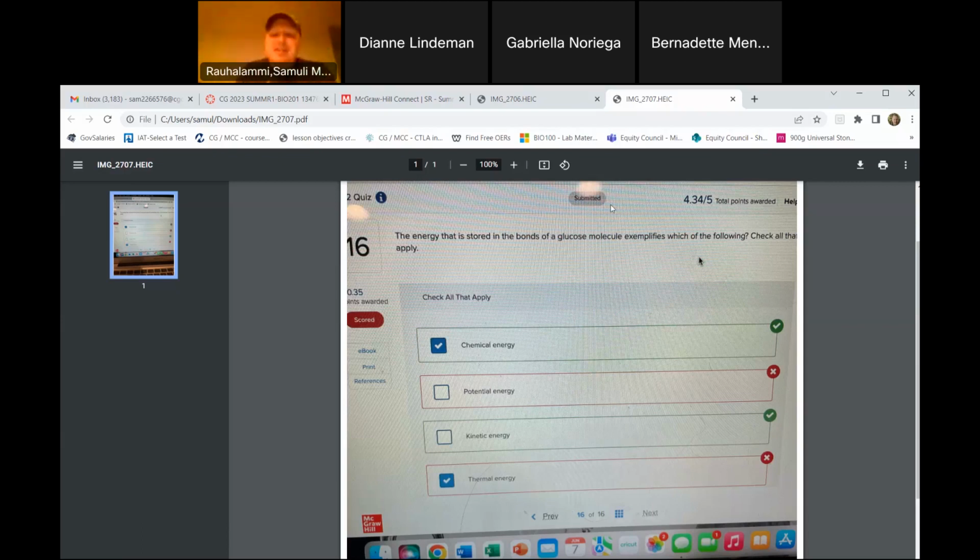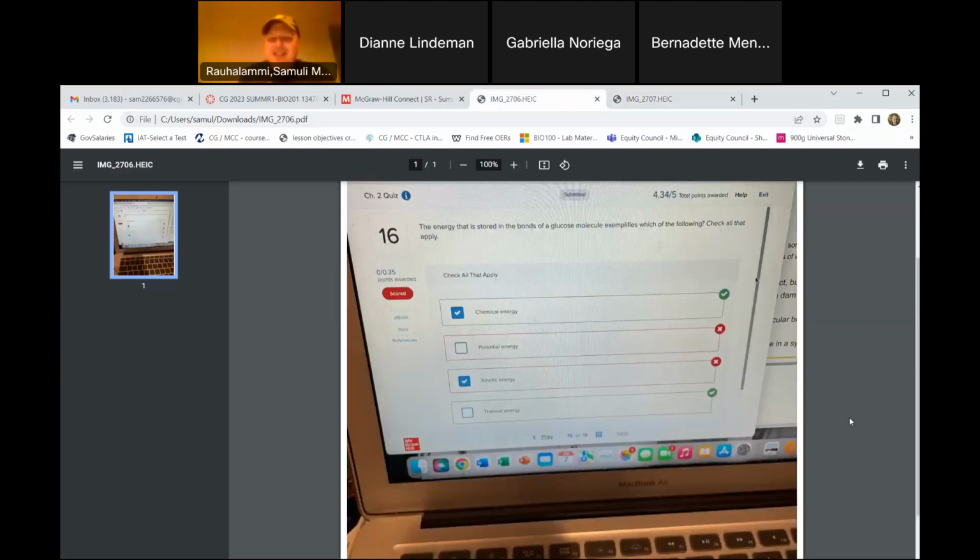But here's a second view of the same question again. I realize that it can sometimes be almost like decoding what the software is trying to tell you, especially when there's multiple correct answers to the question. So we see here the chemical energy would have been correct, but potential energy was what we were looking for to be chosen.